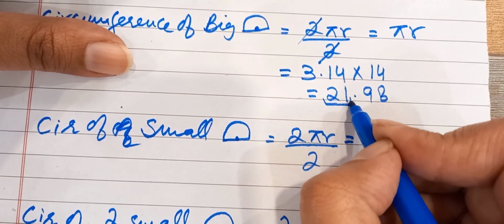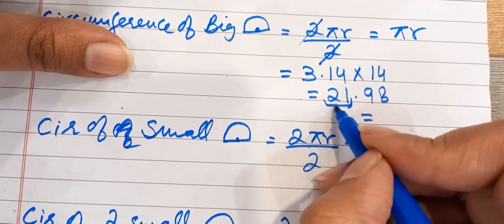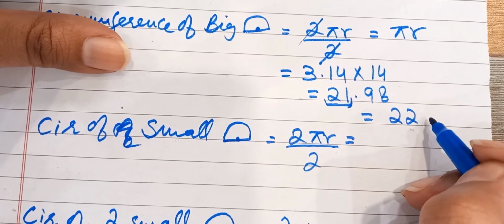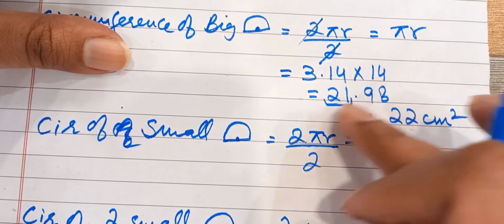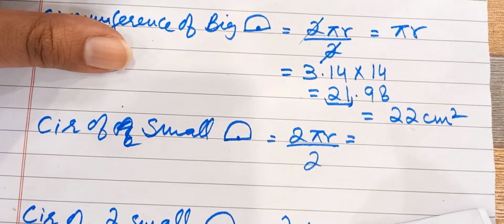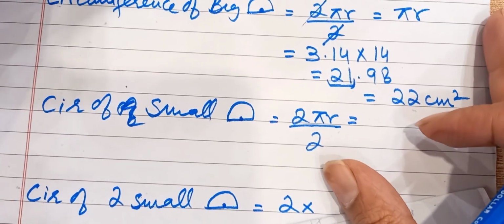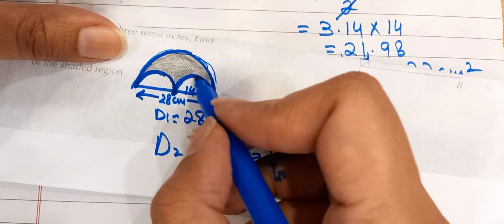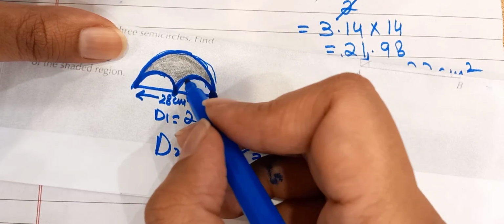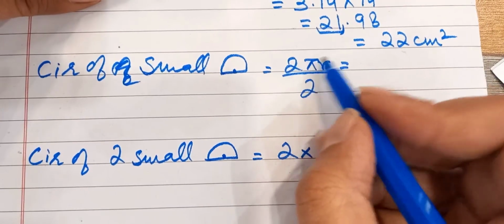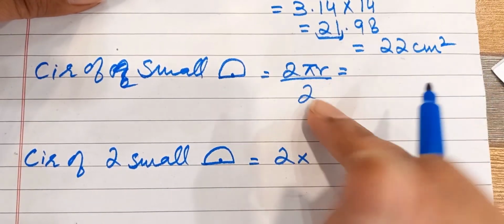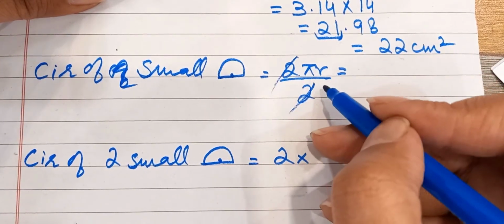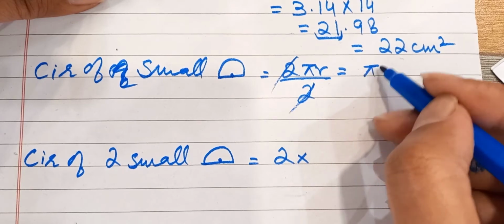I'll round it off to two significant figures. This is greater than 5, so 1 will be added to 21 and I'll be left with 22 centimeters. You can do it like this as well, and in the end you can round it off, but it's the same. Now the circumference of this small semicircle, the outer boundary of this. The circumference of a circle is 2 pi r. If I divide it by 2, I'm left with pi r.